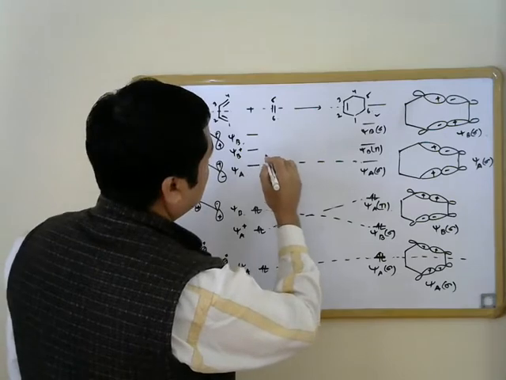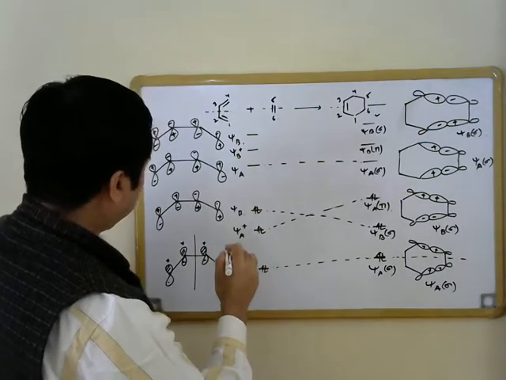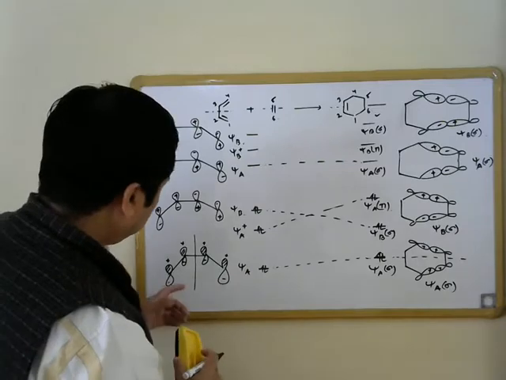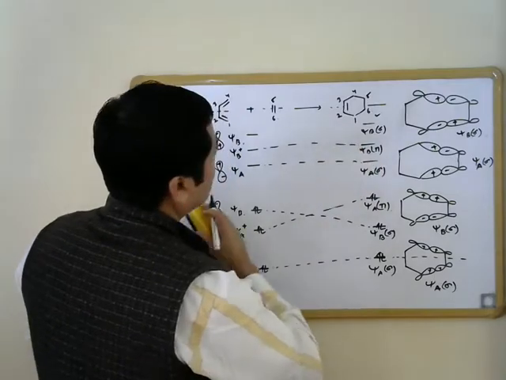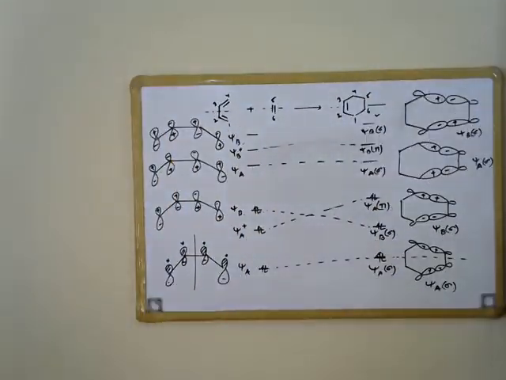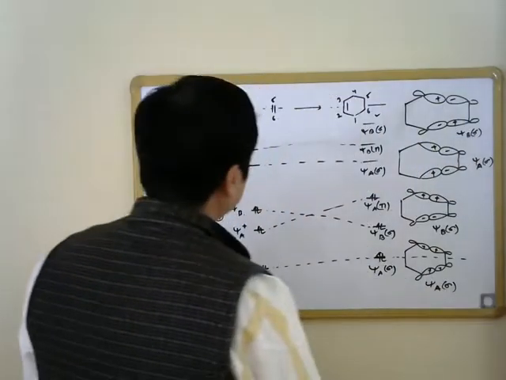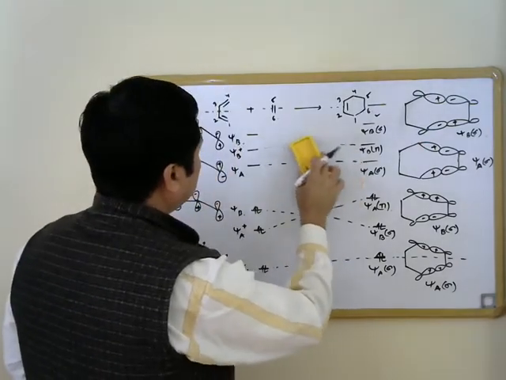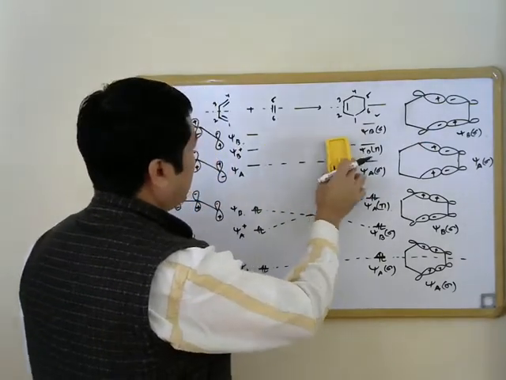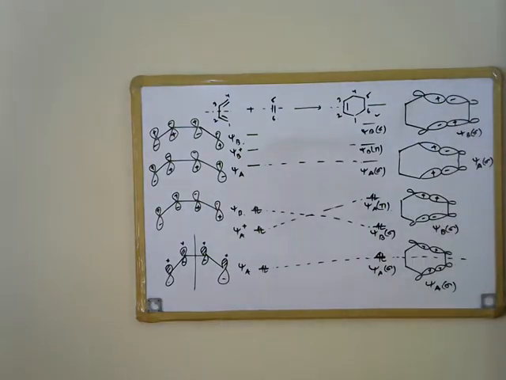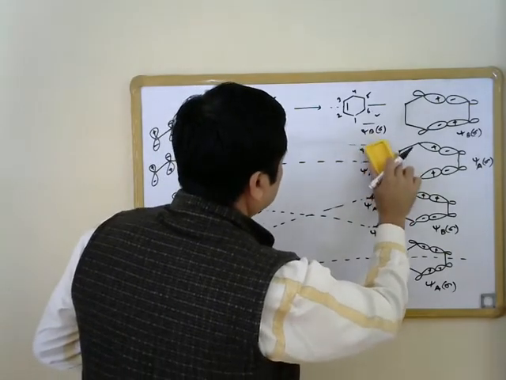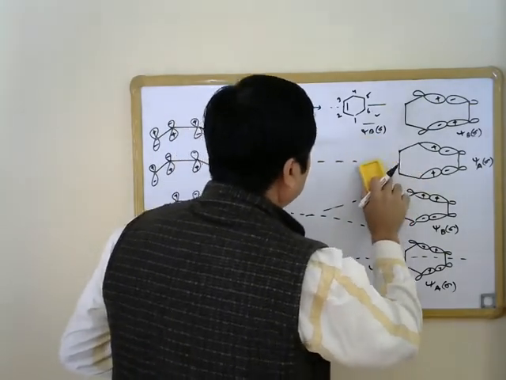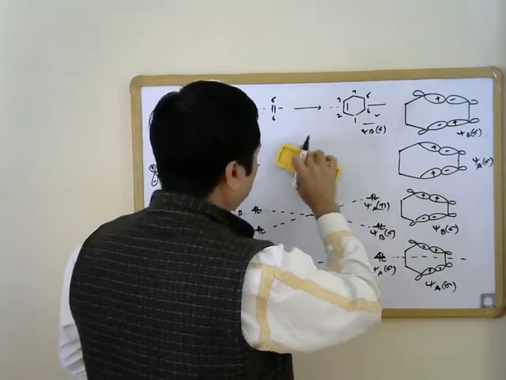Again, this is how we can correlate. The energy of this is going to be more because it is a sigma antibonding molecular orbital.